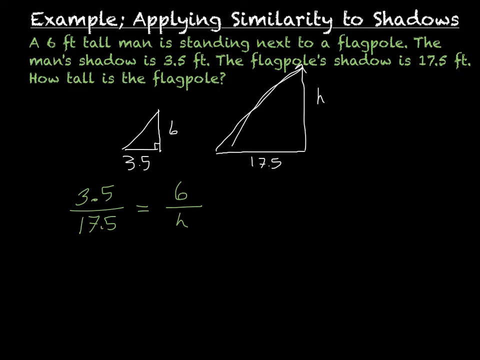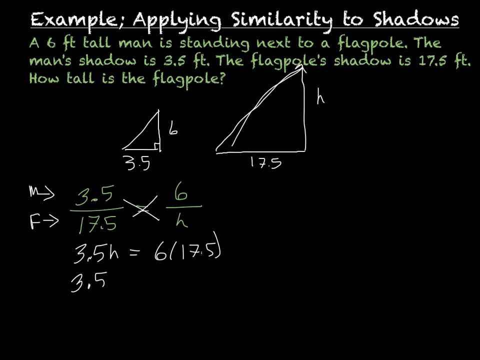It doesn't really matter where you set them up as long as you're careful that one triangle is going here, and so that's the man triangle, and then here's the flagpole triangle, and I have the corresponding parts lined up and down. So now I just have to cross multiply, so I have 3.5h equals 6 times 17.5. I'm going to use my calculator to solve that part, and I get 3.5h equals 105.